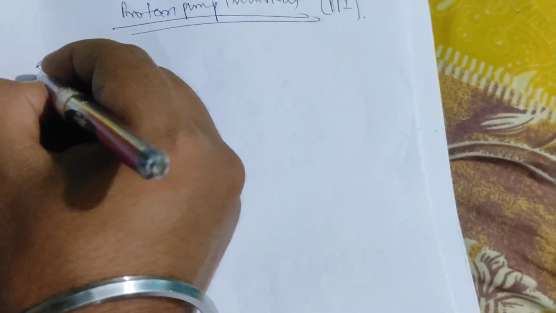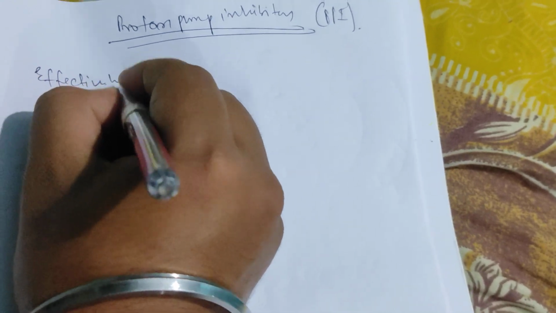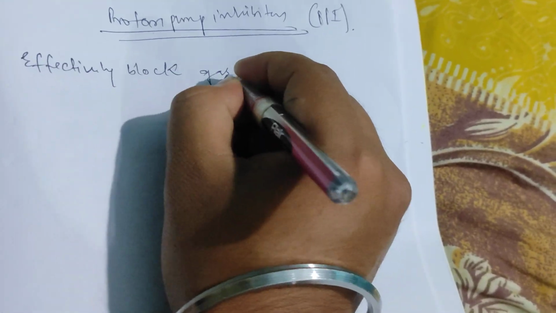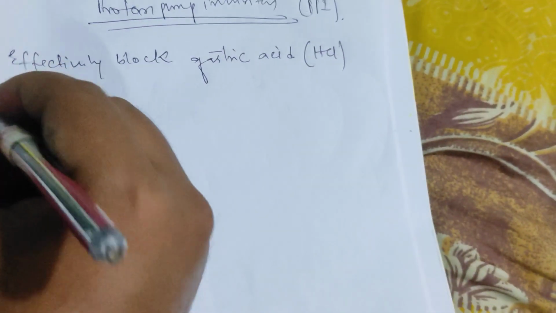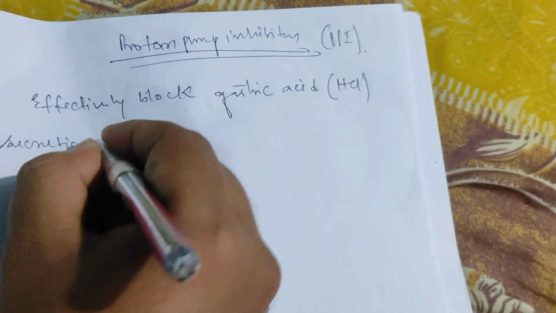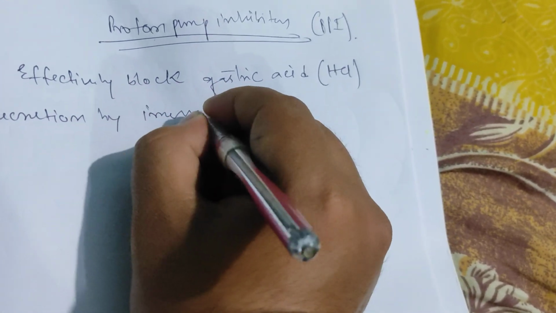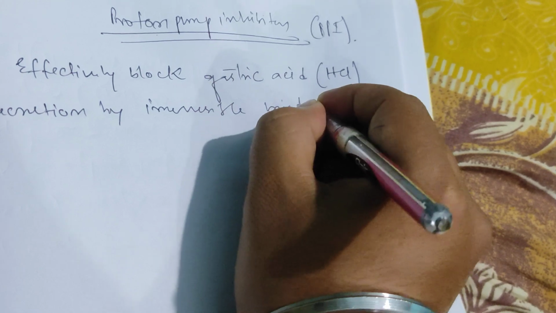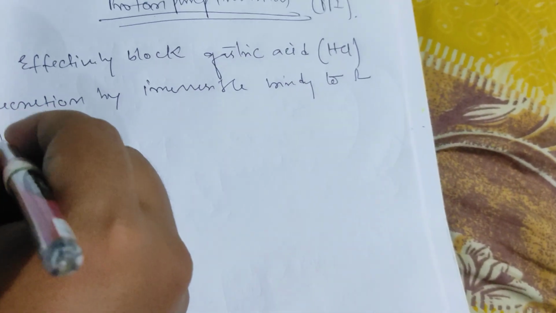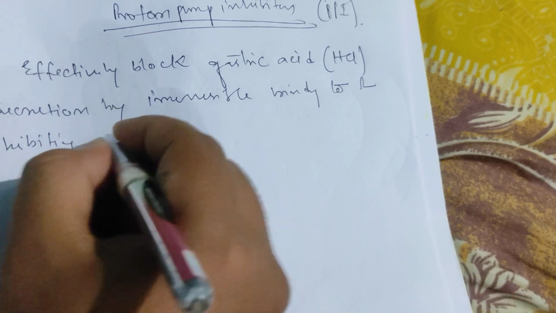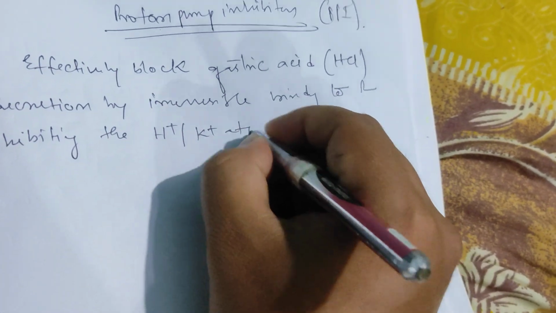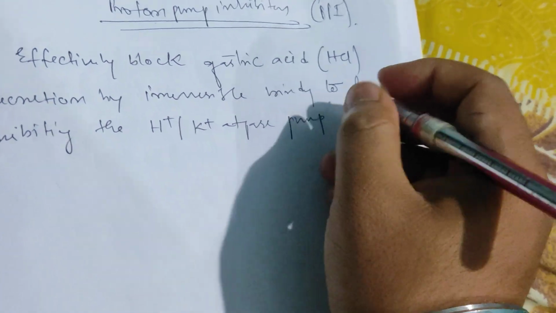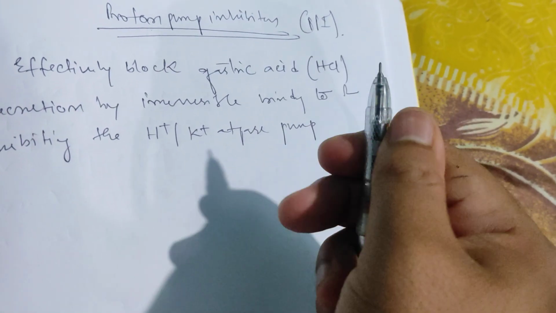Basically, PPI effectively blocks gastric acid secretion, which is basically hydrochloric acid, by irreversibly binding to and inhibiting the hydrogen potassium ATPase pump, which is present in the parietal cell of the stomach lining.